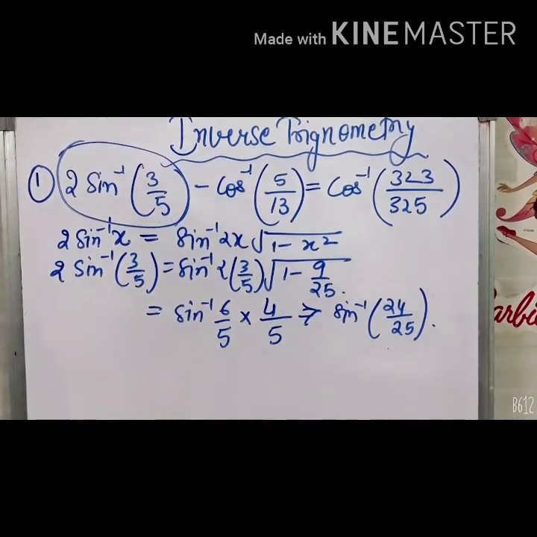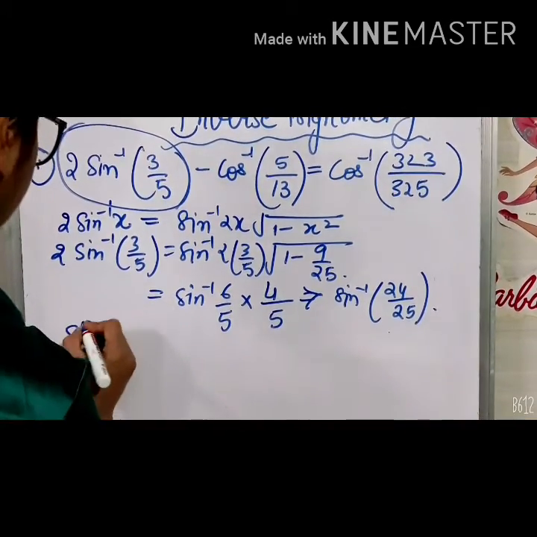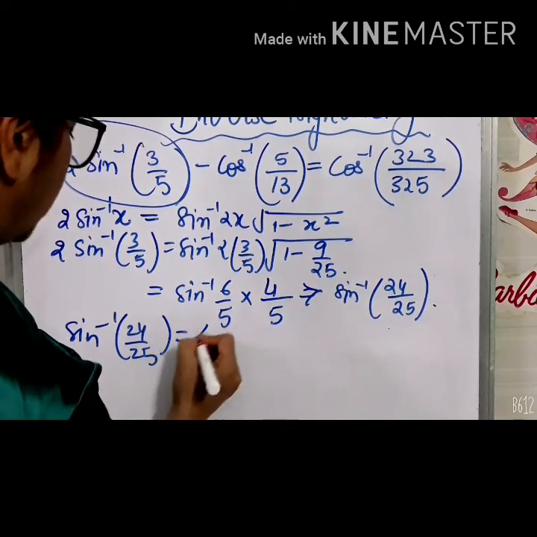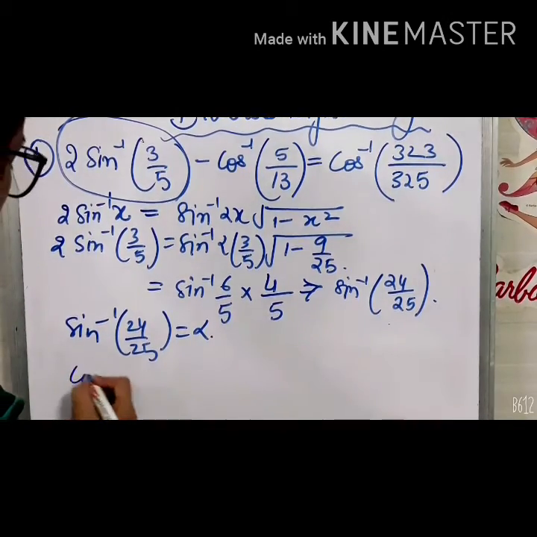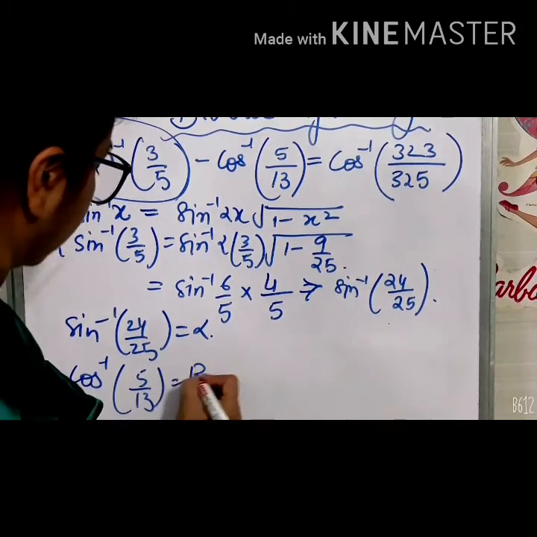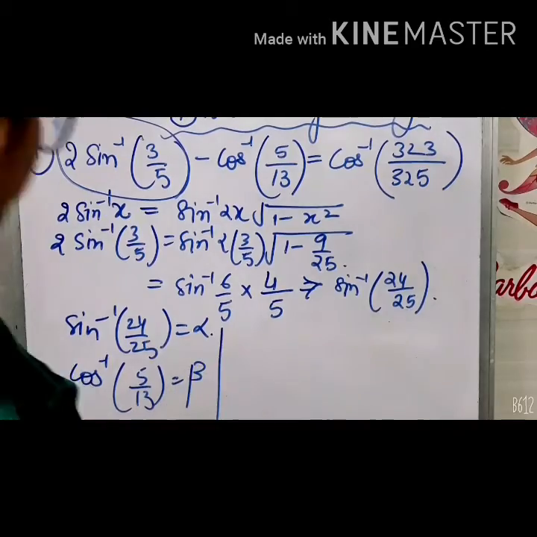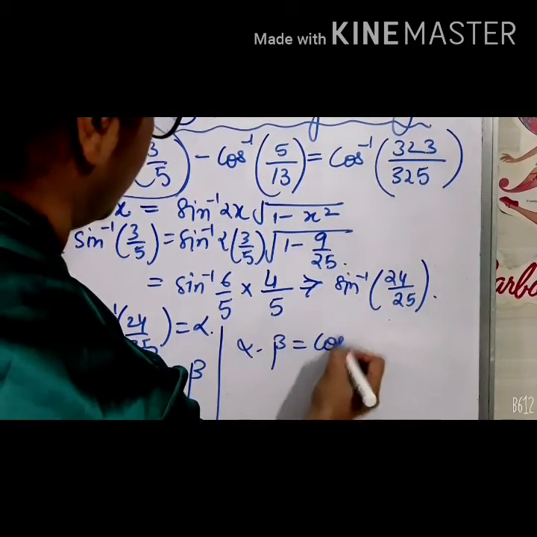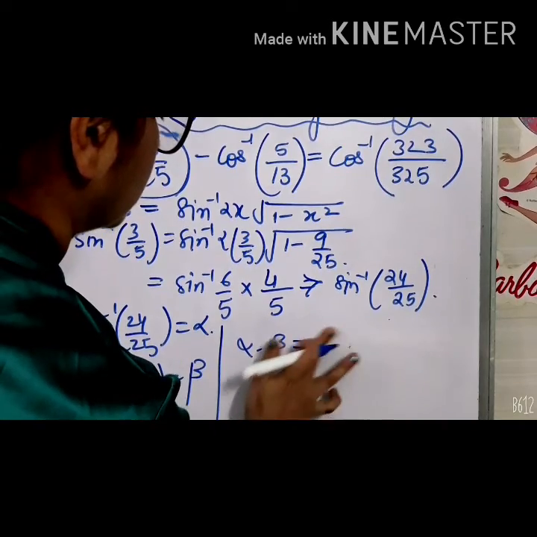Fine. Now in place of this I am putting this value. I will take sine inverse of 24 by 25 is equal to alpha, and cos inverse of 5 by 13 is equal to beta. Now what will happen if I put it here?